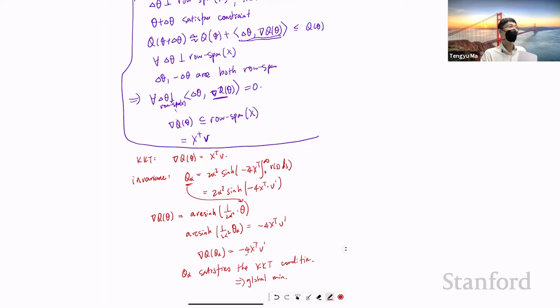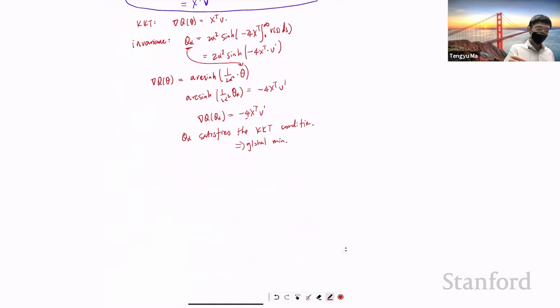Any questions? So if there are no questions, I'm going to move on to the next thing, which is about the classification problem.